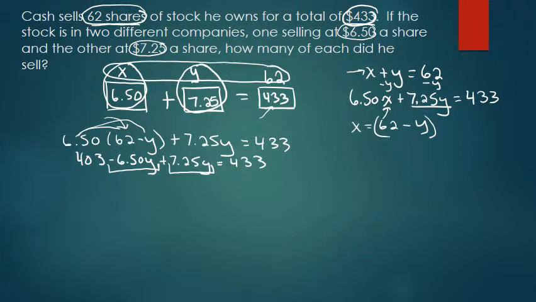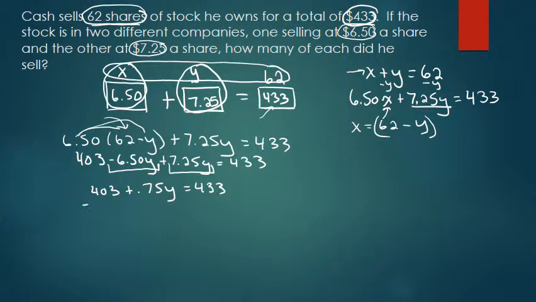I get 403 plus 0.75y. That's what I get when I combine negative 6.50y plus 7.25y, and that equals 433.